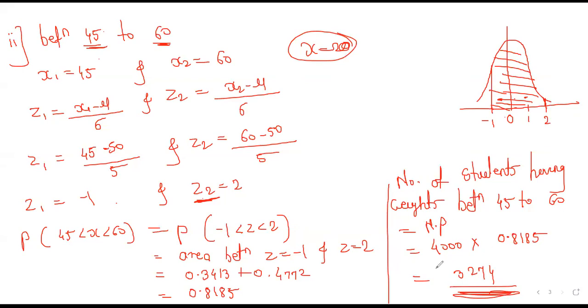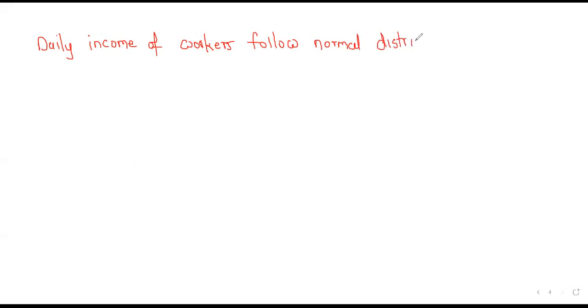So let's take the next example. Daily income of workers follows normal distribution with mean 1000 and standard deviation 100.